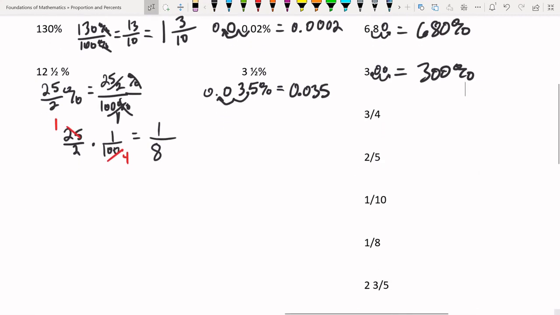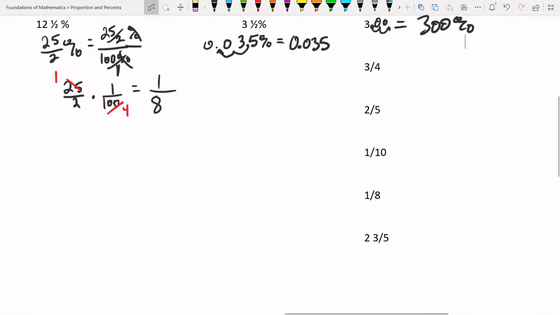Now for fractions, the first thing you're going to do is change this to a decimal. How do we change a fraction to a decimal? You just do the division. 3 divided by 4. On a calculator, that gives me 0.75. And now we have a decimal number.